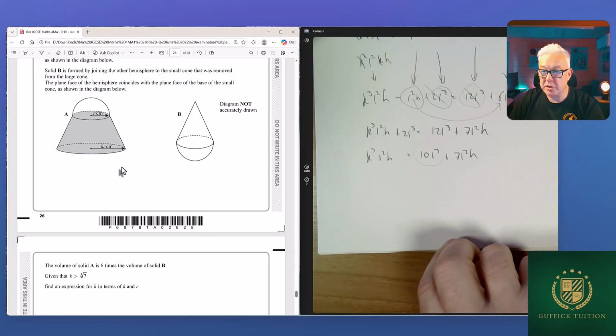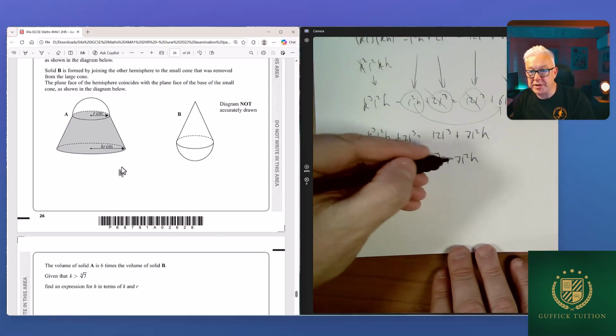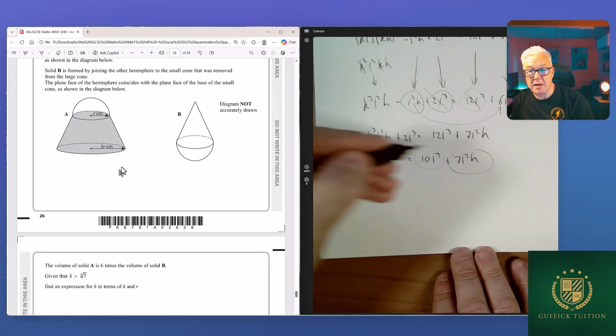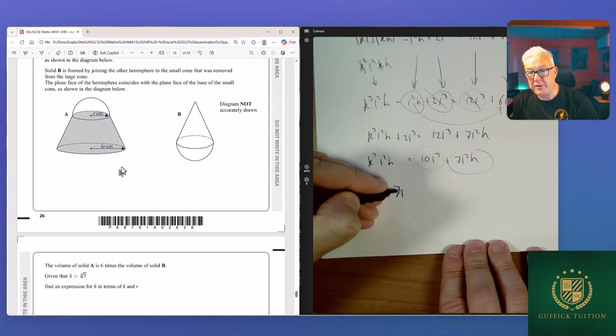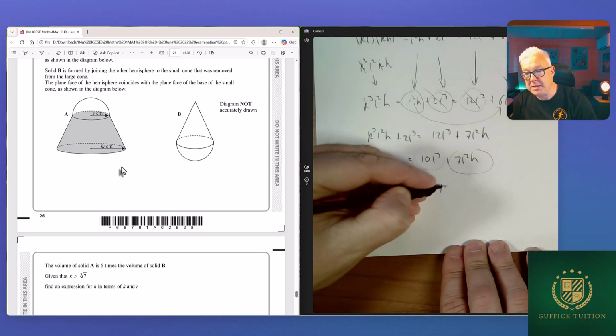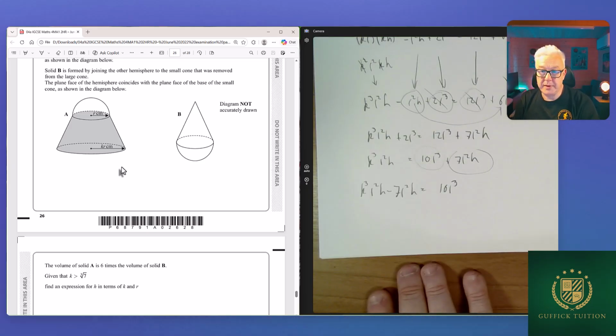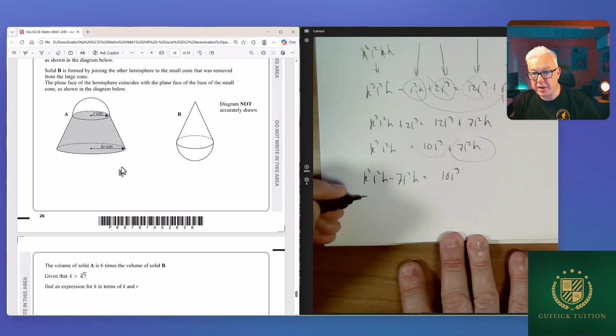So the next thing to do is to take everything with an h over to one side. So I'm going to take this across to the other side. So I now have k³r²h minus 7r²h is equal to 10r³. I'm now going to factorize out the h.